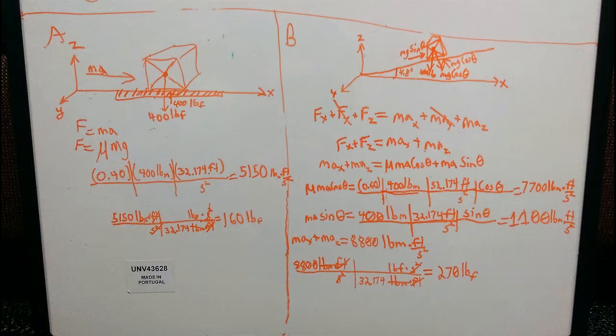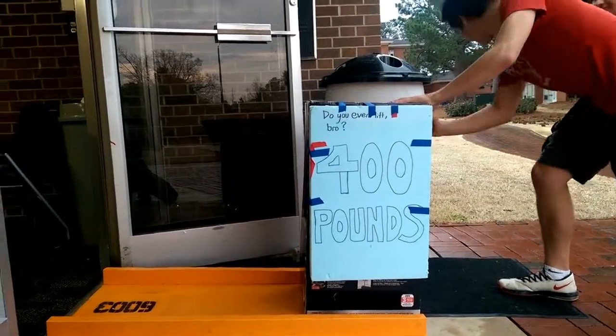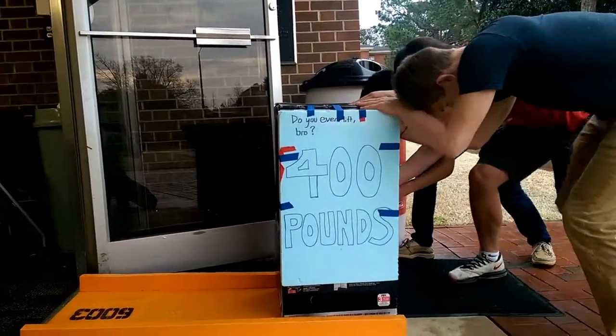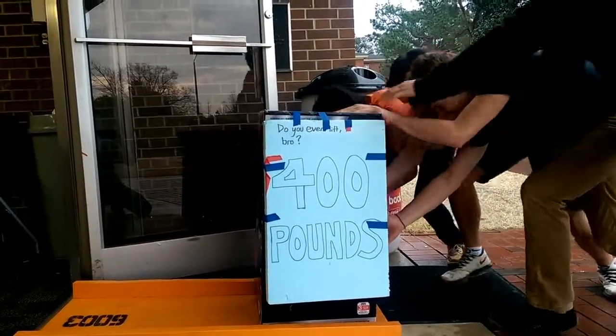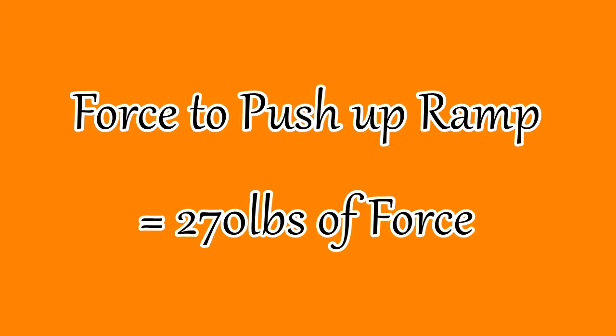But now we need to convert it again, because this is force and not mass. So we use our conversion factor, 8,800 pound mass times feet per second squared divided by our conversion factor, and that gives us about 270 pound force. So it takes 270 pound force to move this box up this hill.